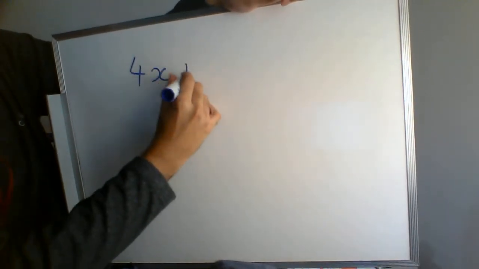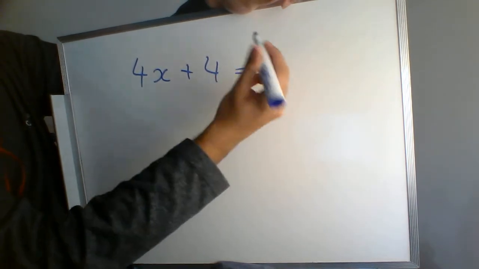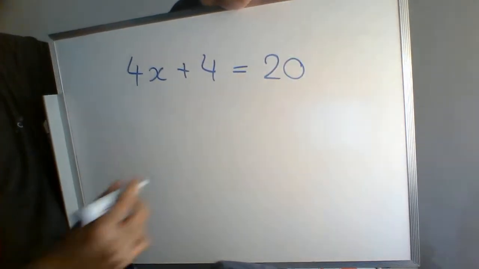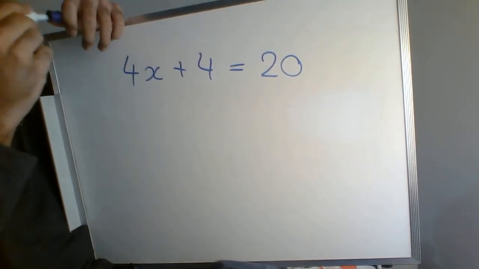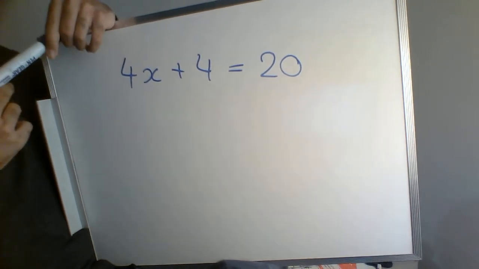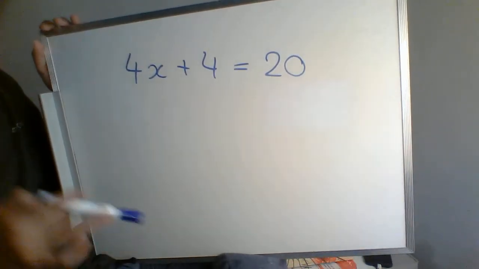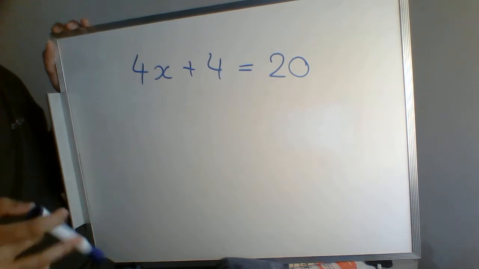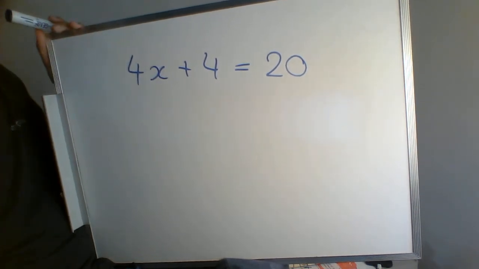But all we've had is some sort of equation, like 4x plus 4 is equal to 20 or something like that, and then I've just asked you to solve for x, which isn't really that hard, or at least hopefully you'll agree with me that it's not that hard.